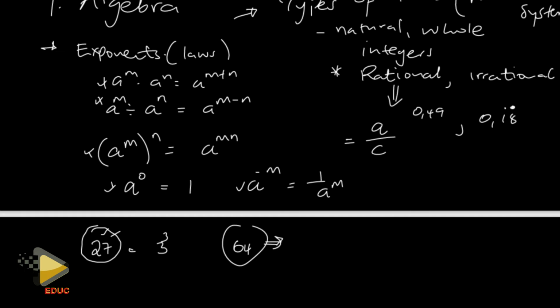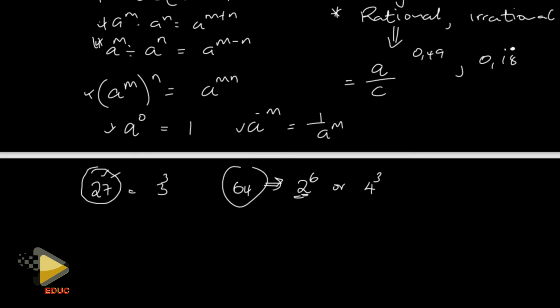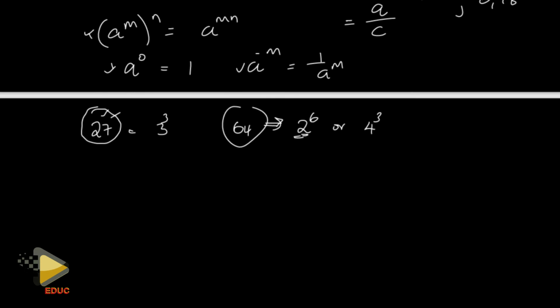One can say this is 2 to the exponent of 6, or someone can say it's 4 to the exponent of 3. Whichever way, we always prefer at least the base to be a prime number. So we can look at exponents and the laws under the first part of the paper.